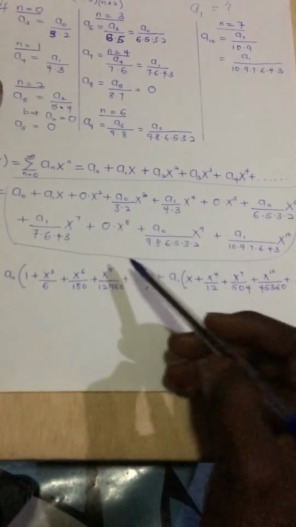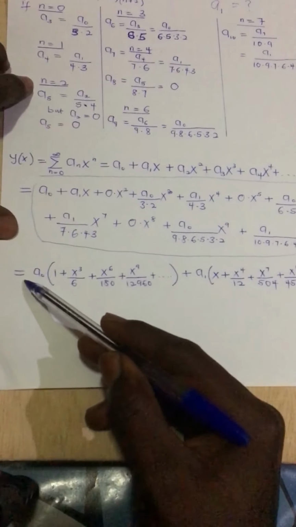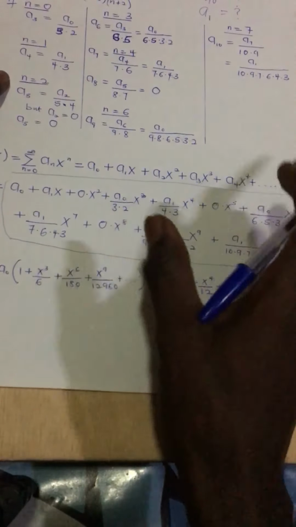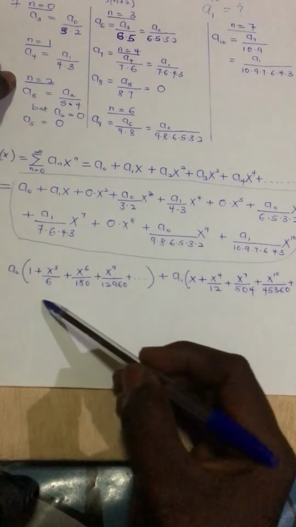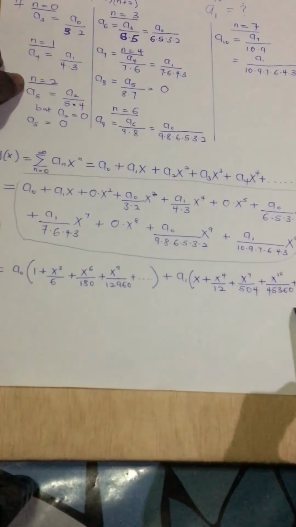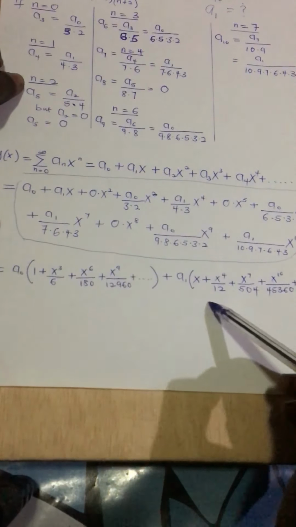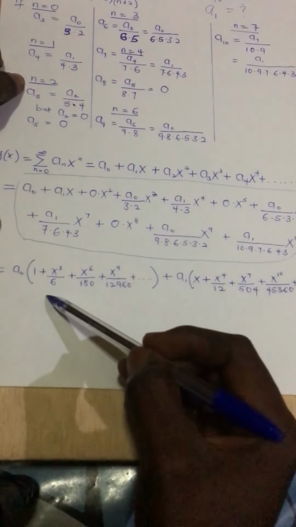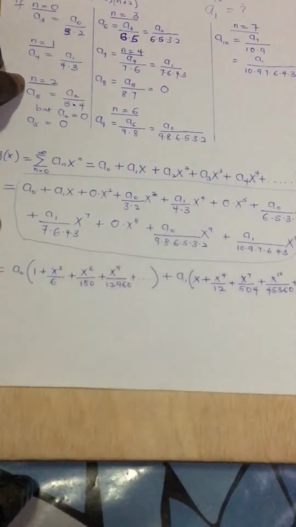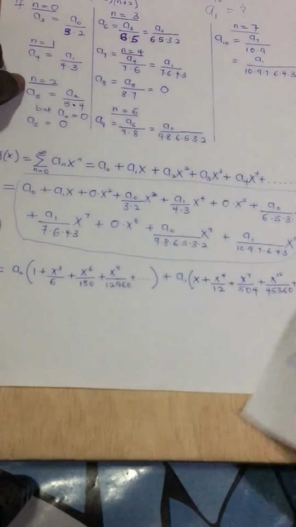So grouping like terms, we will get our y of x to be this. So when you group like terms, you are going to get this equation. This is what you are going to get. So this becomes our solution to the question. Are you guys okay?